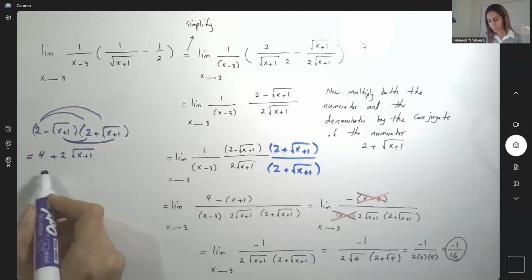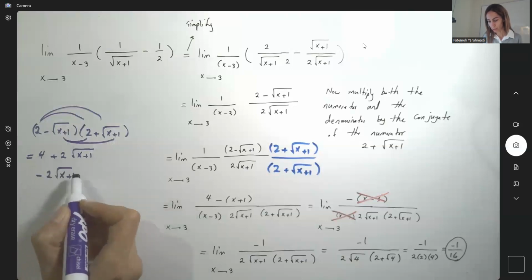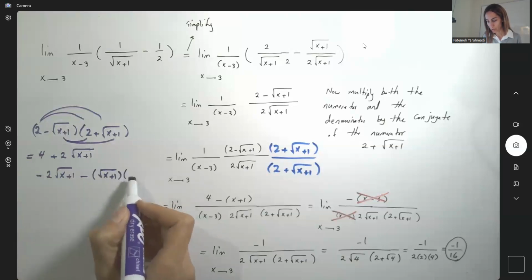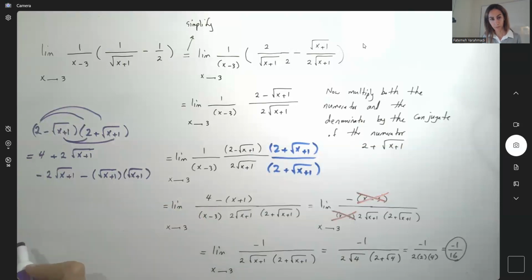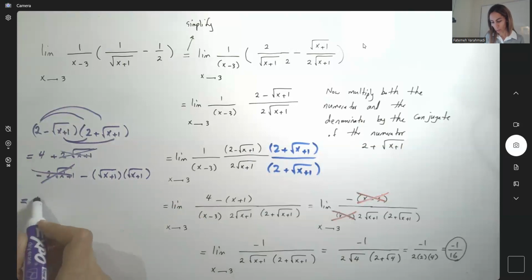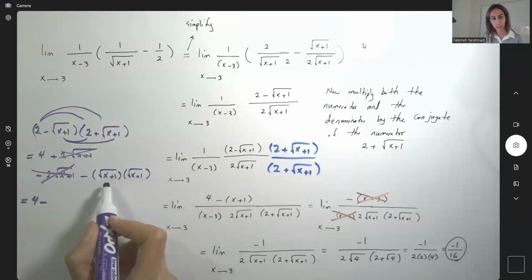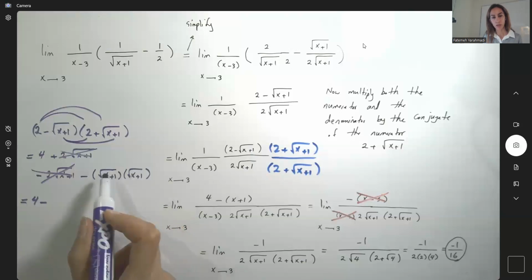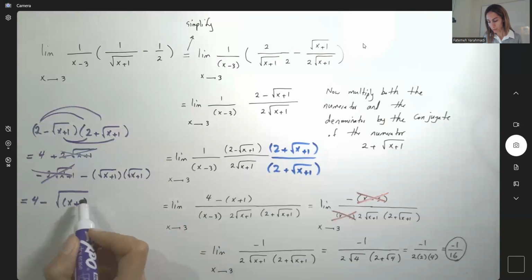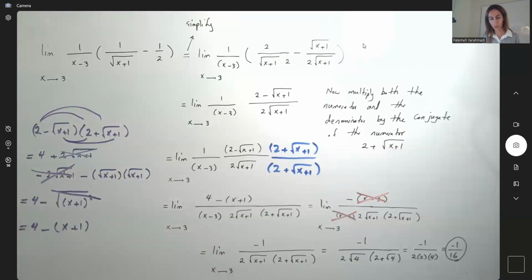For the second term here, minus 2 square root of x plus 1, and then here you have negative square root of x plus 1 times square root of x plus 1. So obviously these two terms are opposite of each other. They get cancelled out. You're left with 4 minus the square root of x plus 1 multiplied by itself, so you can get rid of the square root because it is square root of x plus 1 to the second power, 4 minus x plus 1. The 2 and the square root get cancelled out, and you're left with 4 minus x plus 1, which is going to be right here.